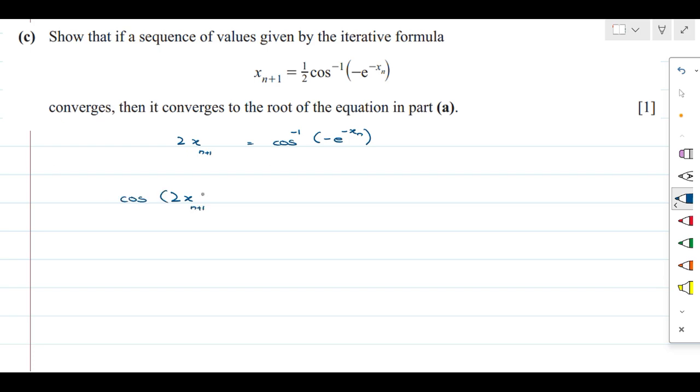Cos of this should equal minus e power minus xn. All right, so let me do the reciprocal on both sides. 1 over cos of 2 times x subscript n plus 1 equals minus 1 over e power minus xn. Reciprocal on both sides.